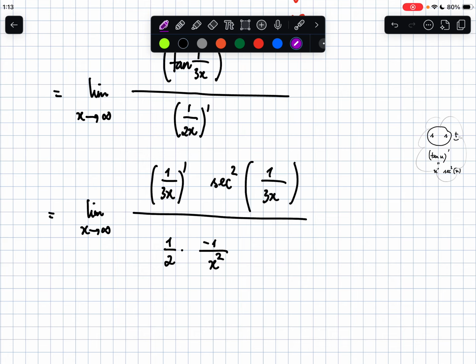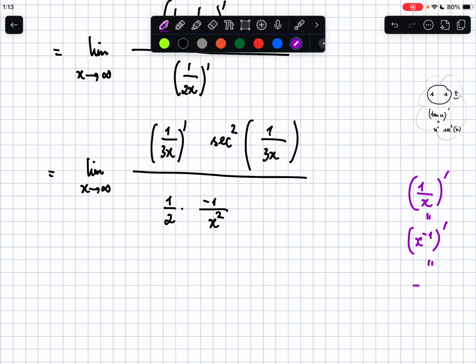I usually do it as: the derivative of 1 over x is the derivative of x to the power minus 1, which is minus 1 times x to the power minus 2. So that's why I have this, which is the derivative of 1 over x. And you do similarly for this one.